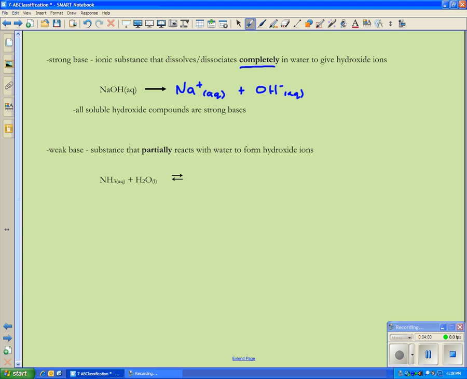Weak bases are substances that only partially react with water to form hydroxide ions. Something like ammonia, NH3, reacts with water to produce the OH- ion and the NH4+ ammonium ion. Again, if you look at your table, you'll notice that right at the very bottom on the right-hand side, you see OH-.